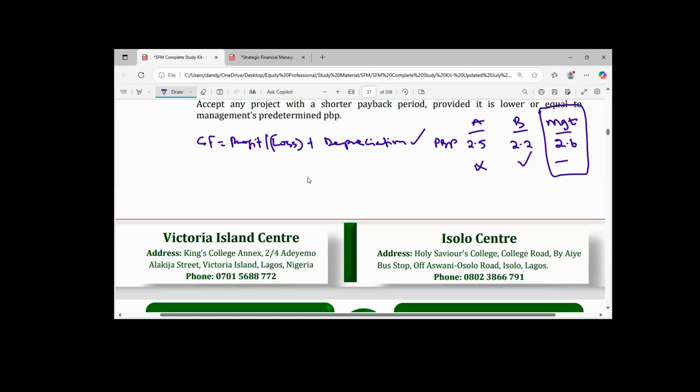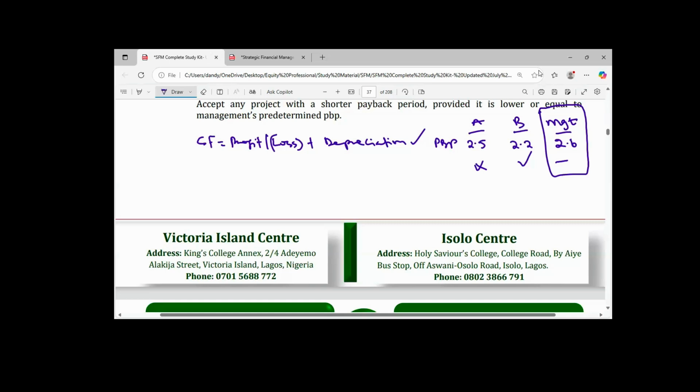Considering the management intended payback period of 2.6 years, project B with a shorter payback period should be accepted. That's what you are going to say, because you are given the management targeted payback period of 2.6 years. Okay, so that is that.